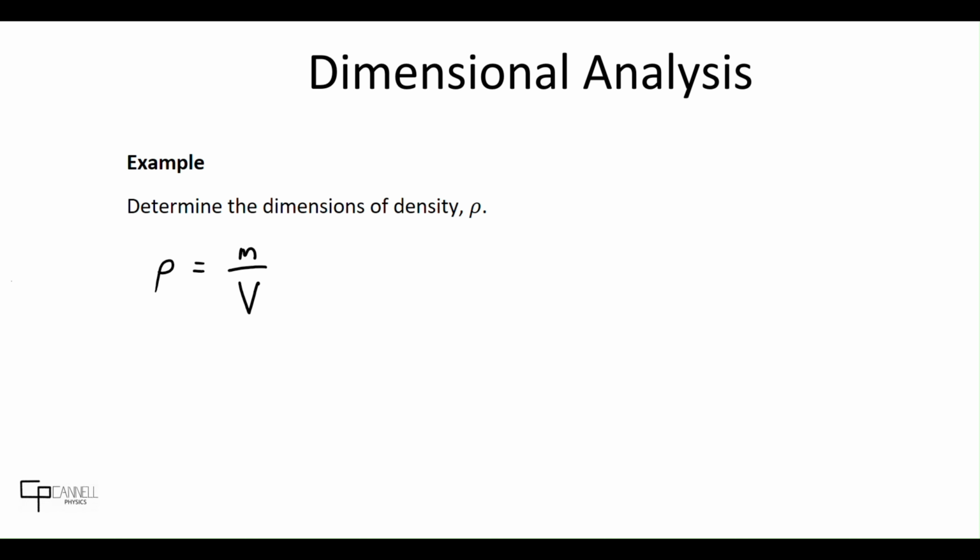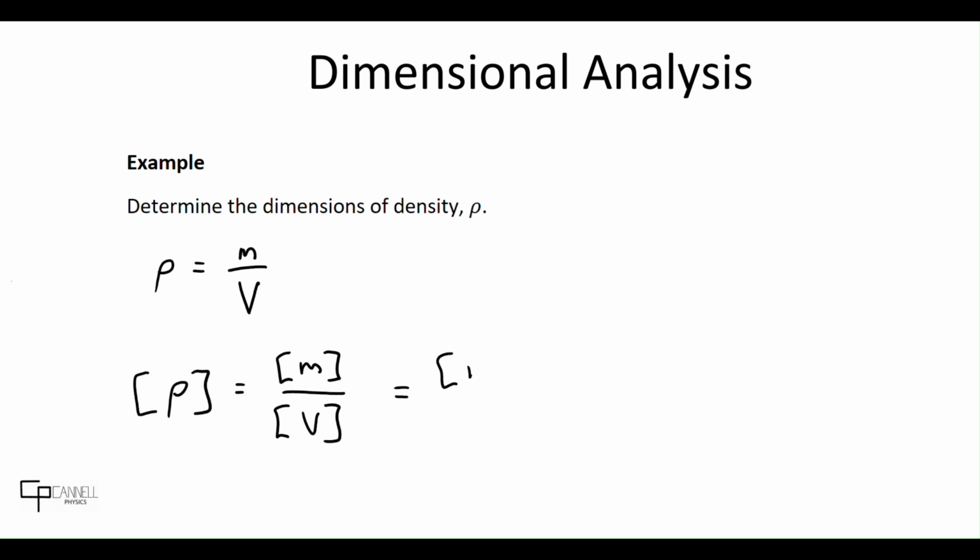To do dimensional analysis, we put everything in square brackets. So the dimensions of density equal the dimensions of mass divided by the dimensions of volume. But we need to make sure everything is in terms of the fundamental dimensions. Mass is fine, that's just capital M, but we need to make sure volume becomes fundamental.